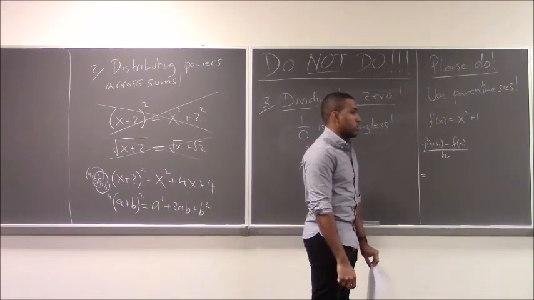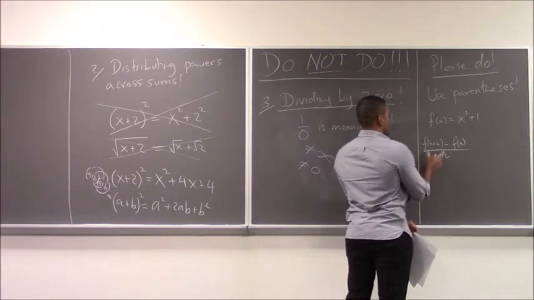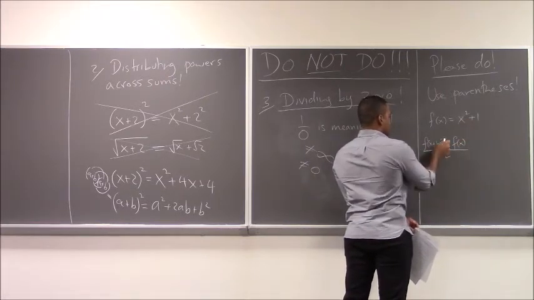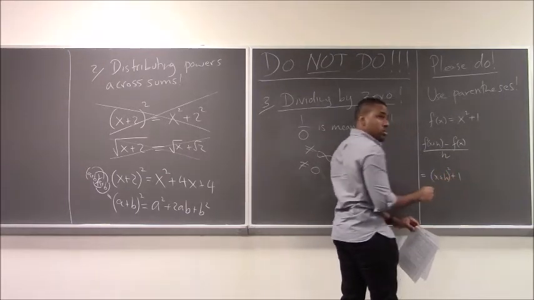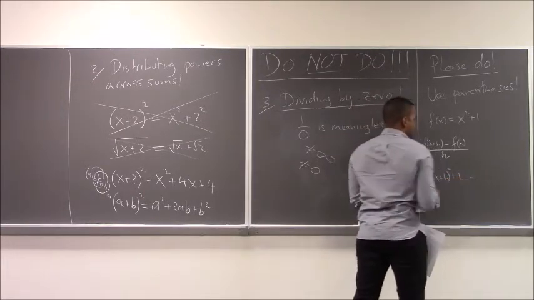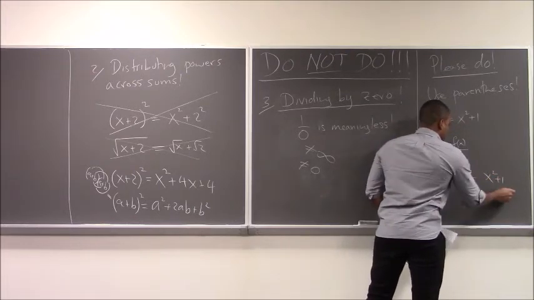Substitute the equation in for f of x, and you substitute x plus h in for x. Okay, so instead of x squared, we're going to write (x plus h) squared. Right, okay, then what? Then minus (x squared), in parentheses.